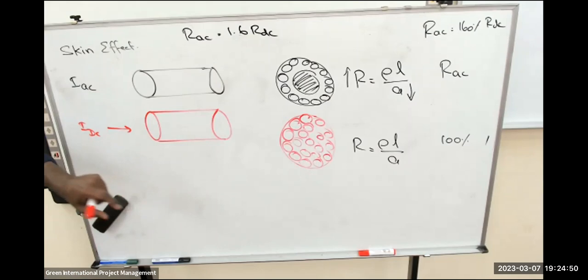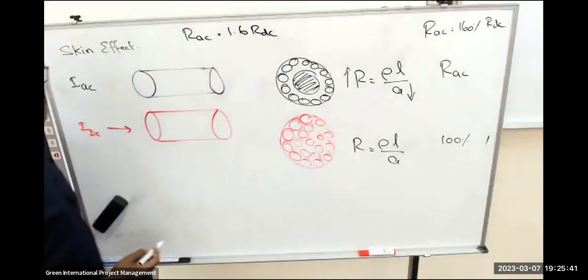But if we measure the resistance using the voltmeter-ammeter method, with AC supply and DC supply, we get different resistance. So R AC is equal to 1.6 R DC.